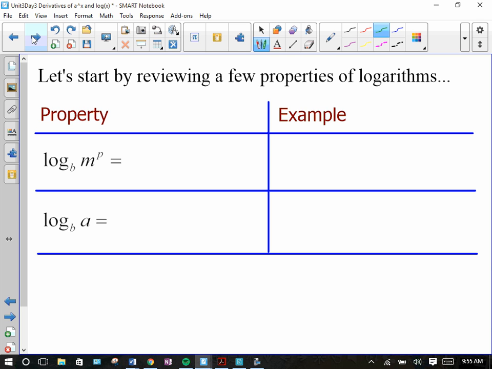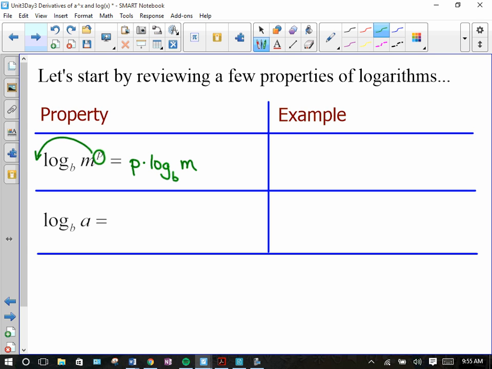The first property is where you have something that looks like log base b of n to the p power. What you can do here is take this exponent and bring it out to the front. So this is equal to p times log base b of n.